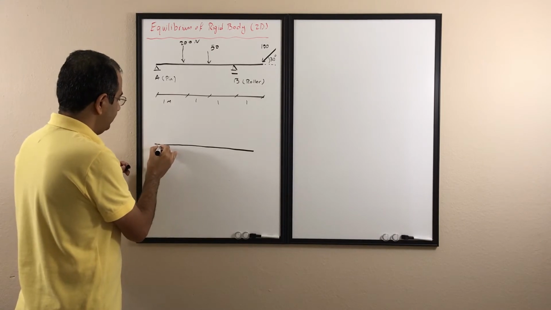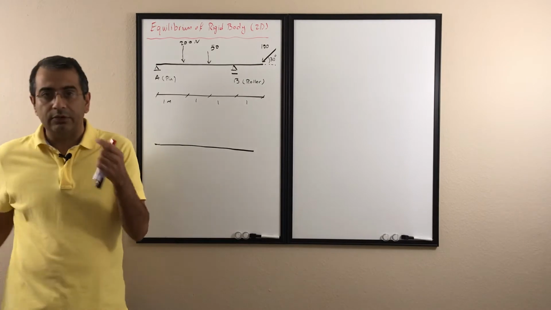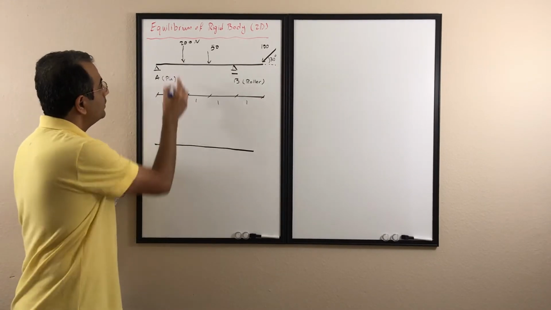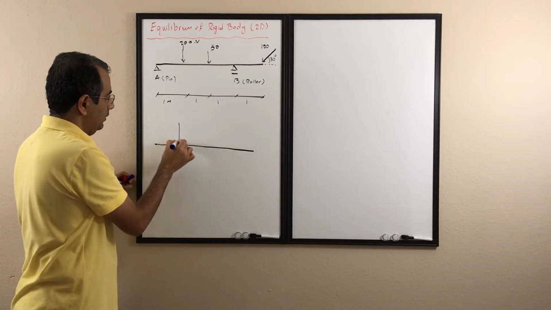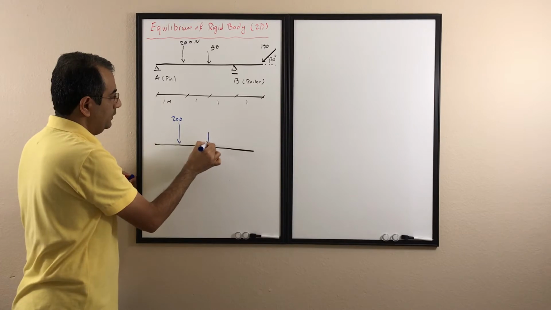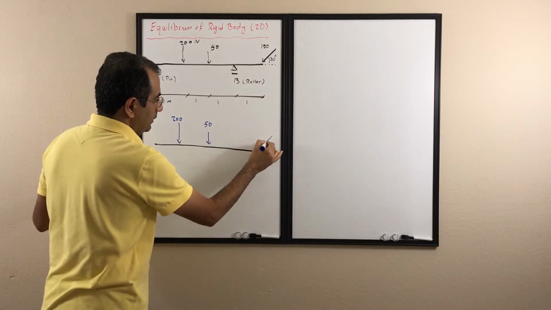And then we're going to start adding the external forces that want to move that object. The external forces that want to move that object are this 200 Newton, that 50 Newton, and the other one, that 100 Newton at the end.